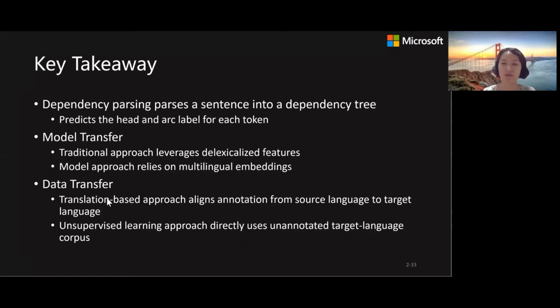Third, the translation-based approach aligns annotation from the source language to the target language, which requires a translator or parallel corpus. In contrast, the unsupervised approach directly uses an unannotated target language corpus.